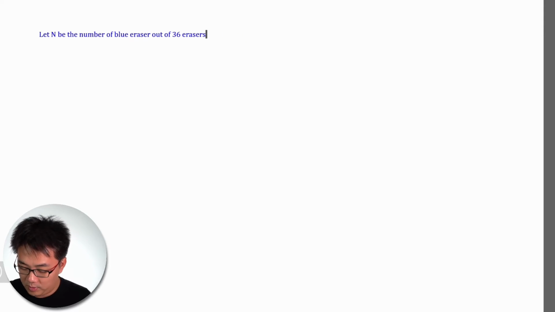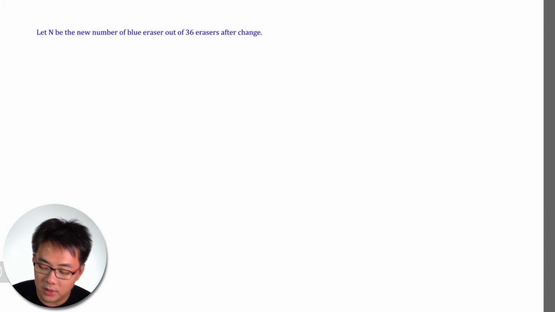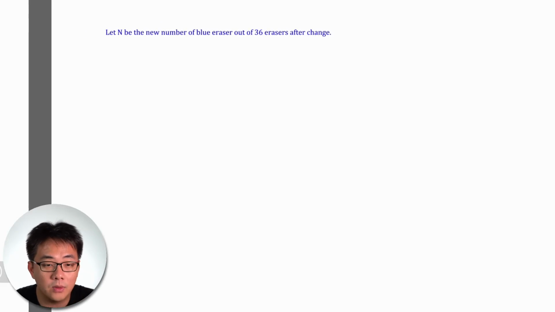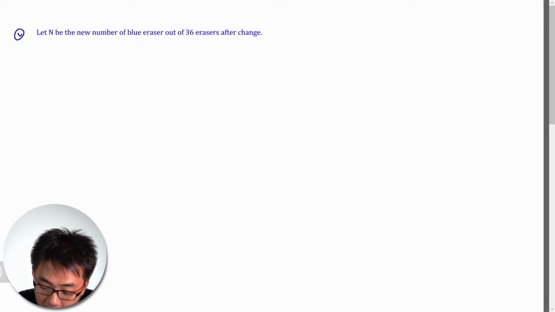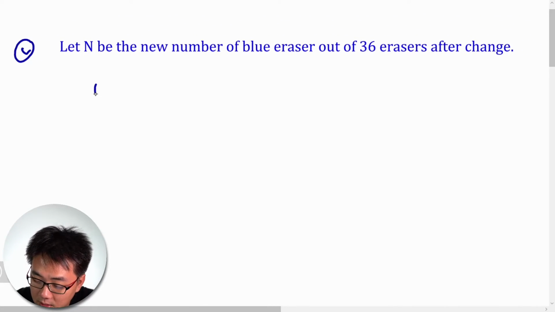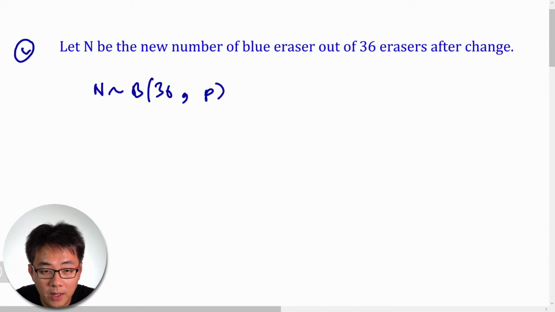Because the definition is the same as X, we might as well just name it differently. So we have N, which stands for new, binomial, where this is 36 and this is p. Now bear in mind p is between 0 and 1.